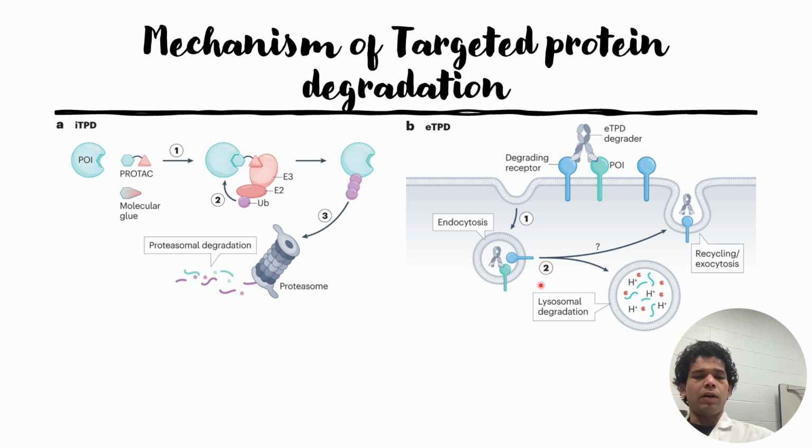How this recycling of the degrading receptors occurs is still not completely known, but it is a fact that this happens, and people have observed this many times. So let's come back to the protein of interest. The protein of interest will be directed towards lysosomal degradation.